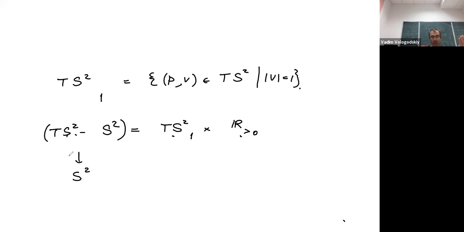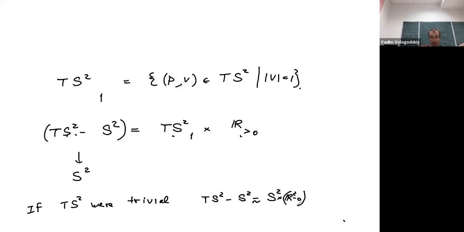But it turns out that, I will write it down, if TS2 were trivial, then TS2 minus S2 would be homeomorphic or diffeomorphic to S2 times R2 minus 0.